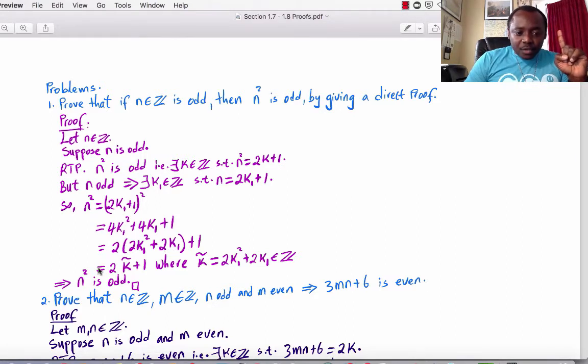I say this equals 2 times k wiggle plus 1, where k wiggle is 2k1 squared plus 2k1. Now, you cannot stop here because the goal was not just for you to set this portion equal to some k wiggle. The goal was to show that this is actually an integer. So, why is this an integer? You see, I put here element in Z.